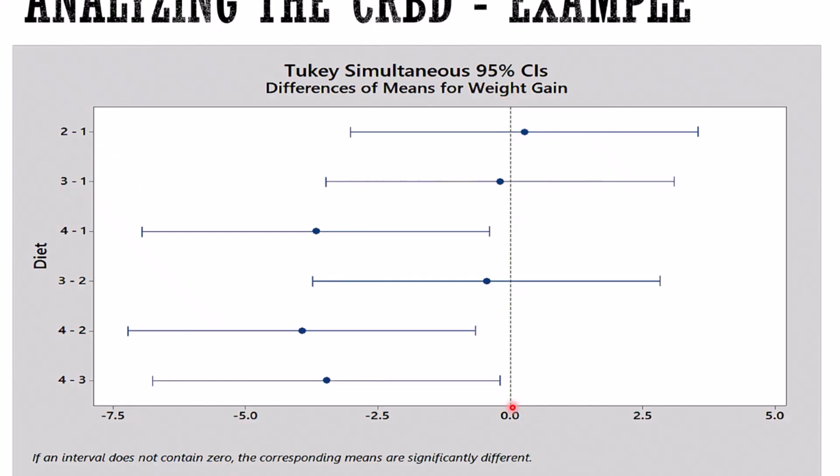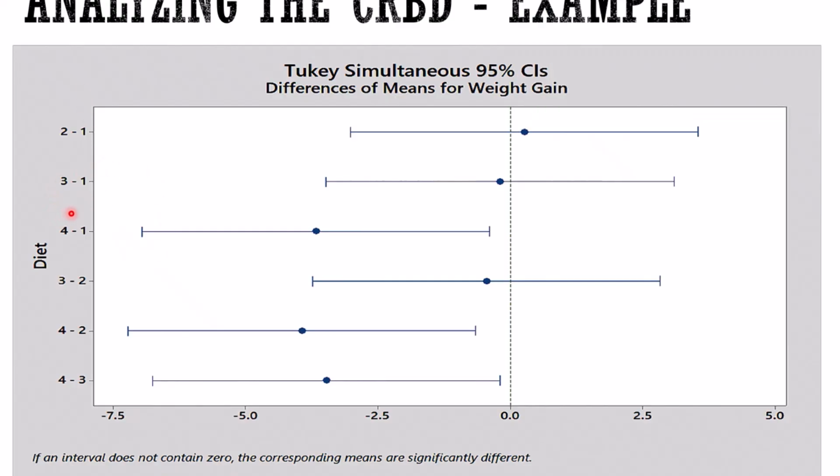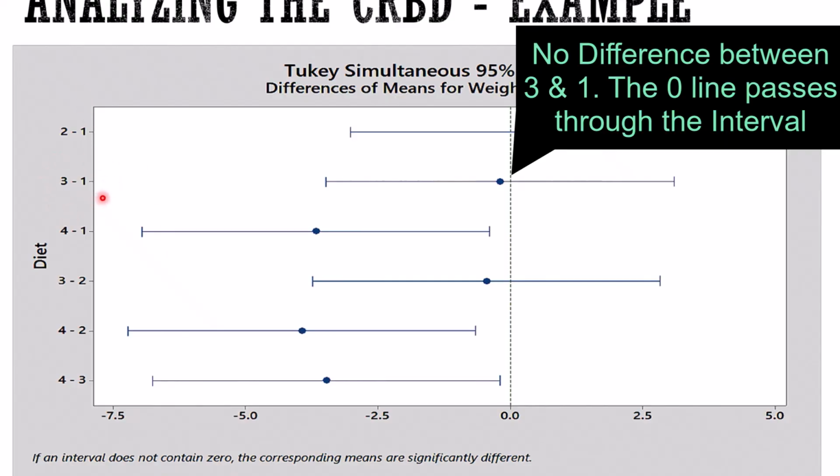This dashed line passes through this interval. That means there's not much difference between diet 2 and diet 1. Right? Let's look at the next one, which is 3 minus 1. Here too, we see that this confidence interval contains a difference of 0. So that tells us that diet 3 and diet 1 are not significantly different.